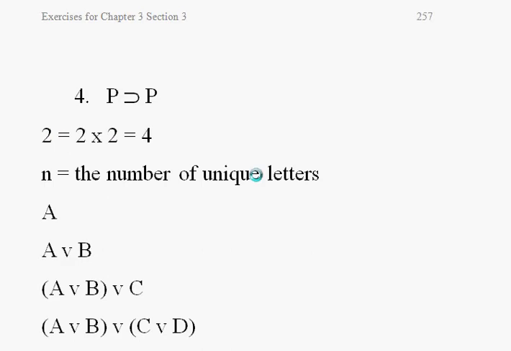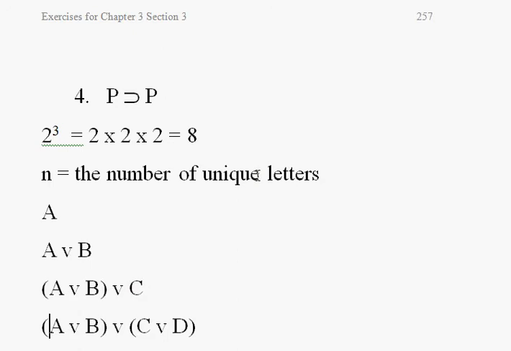Now, on the other hand, if you have down here A wedge B wedge C, that's 3 variables, and that means it's 2 times 2 times 2, which is 8. Which means we need 8 lines in order to get every possible truth value for the parts.